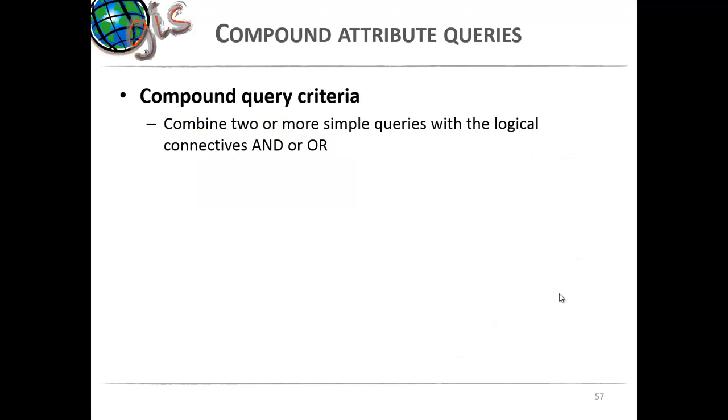Compound attribute queries are two or more simple queries with logical connectives, and AND and OR are the two basic connectives that you use to create a compound query.